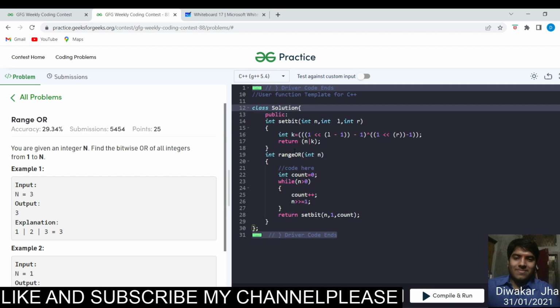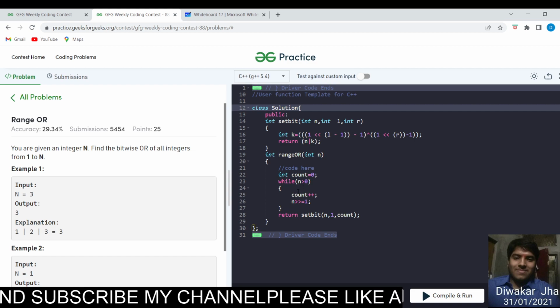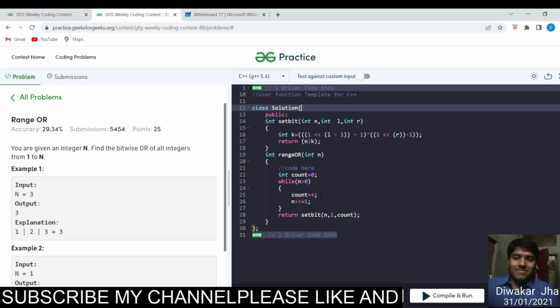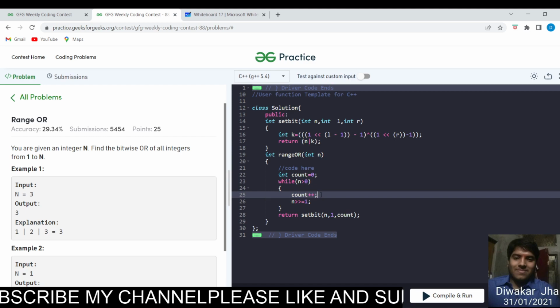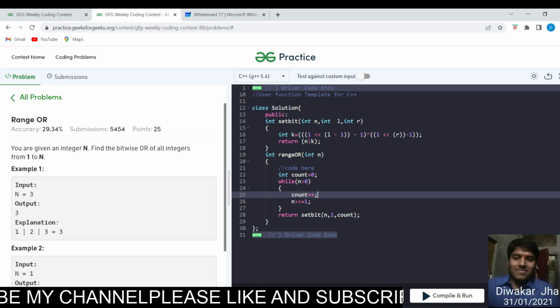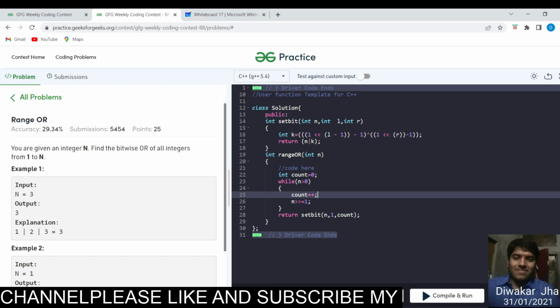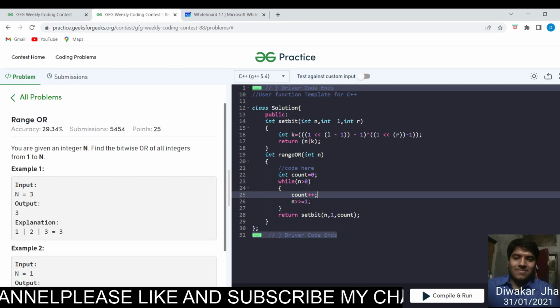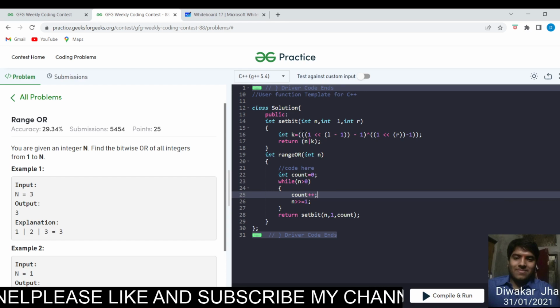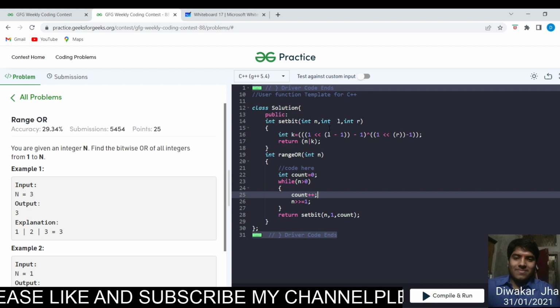Okay, so you have to find how many bits are available in this value of n. So you will simply count how many bits are available. And you have to return from your set bit function. The set bit function is simply like this.